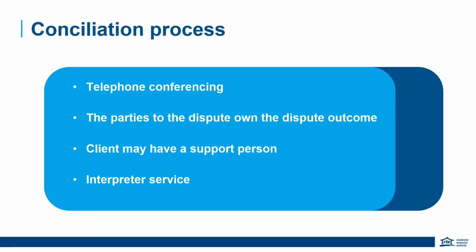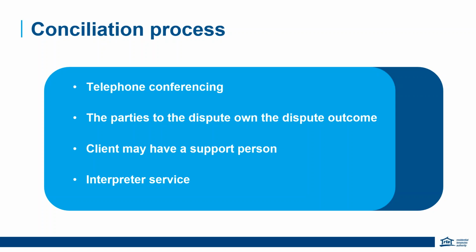The telephone conference is booked at a date and time, or we could deal with it via what we call a shuttle negotiation process, where we make separate calls to each party to try and resolve the dispute. The ownership of the dispute is with the parties involved, so they take full ownership of the outcomes. Clients can have a support person.